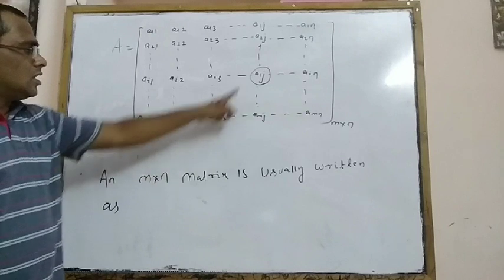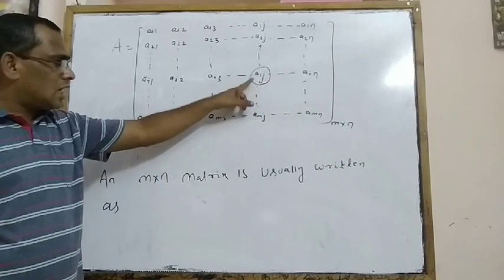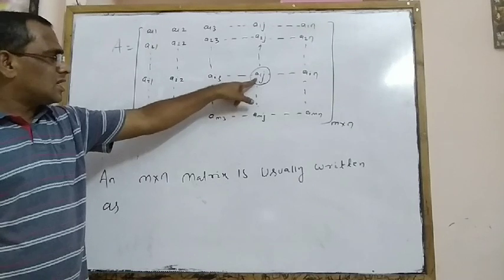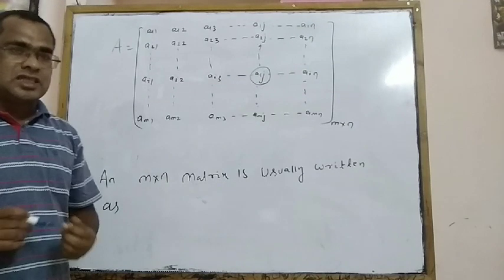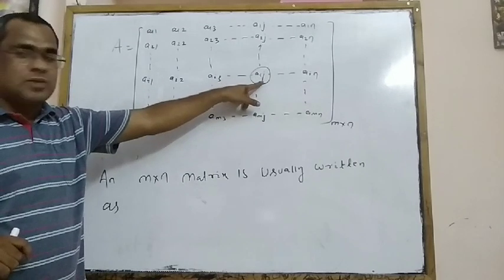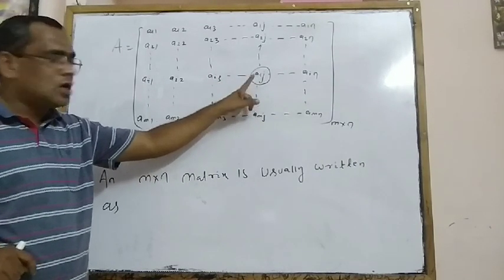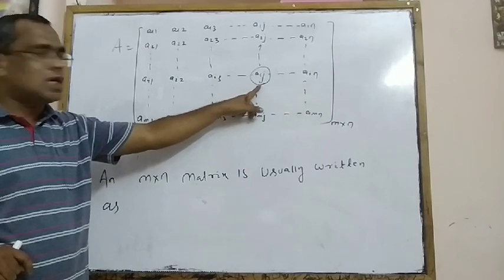Aij is called the general element, which is present in the ith row and jth column. I represents the row and j represents the column. The first suffix represents the row and the second suffix represents the column.